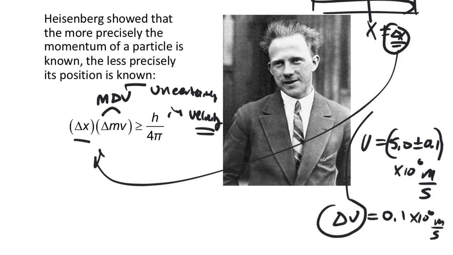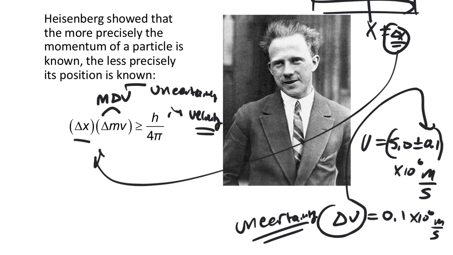So this is the uncertainty in that velocity. You can think of it as like the error in the measurement. So it's how well you can know those particular positions and velocities that have a fundamental relationship to each other.